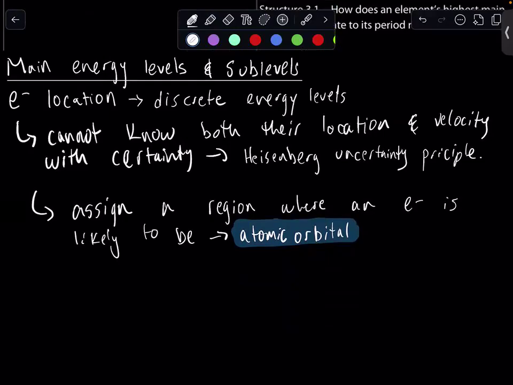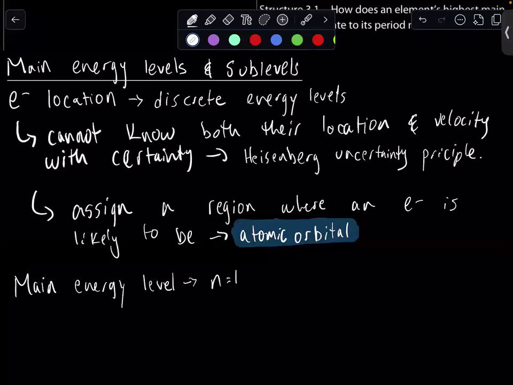Going back to our previous lesson, lesson 8, our main energy levels have a numerical assignment. We generally refer to them as n equals 1, 2, 3, and we actually go up to 7. We'll talk about why that's important, but as far as we know, we can only have atoms with up to 7 energy levels.